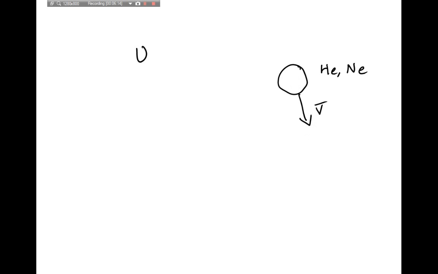So for monatomic ideal gases, it turns out it's very, very simple. The internal energy will just be equal to 3/2 nkT. So most of the time when we're relating the internal energy of a gas to a temperature, this is the situation we'll be looking at. We'll be looking at a single atom moving around, and in this case it's a very simple relationship.